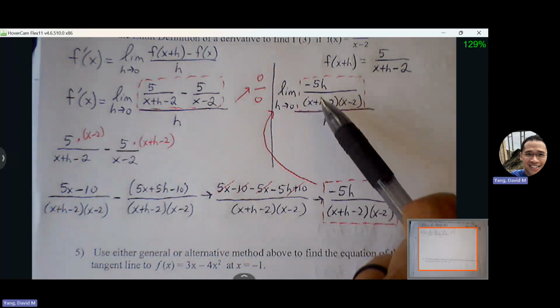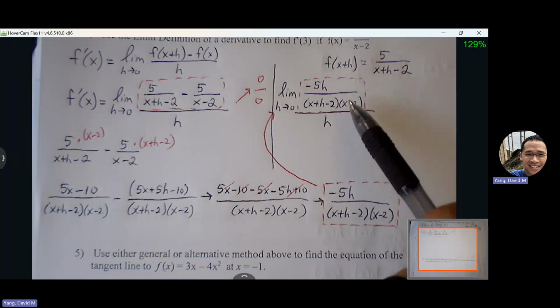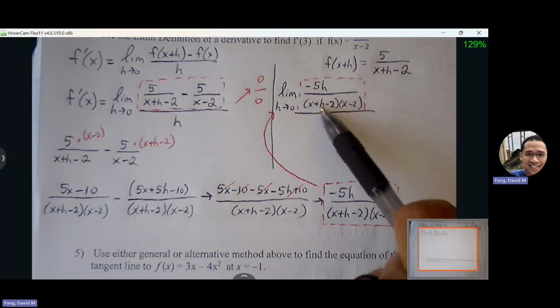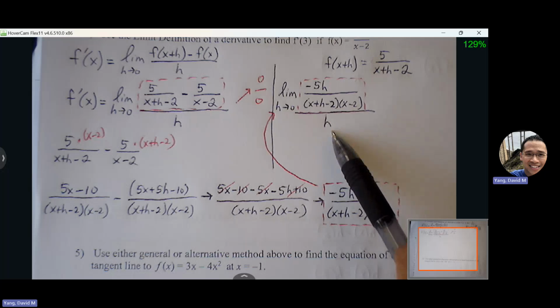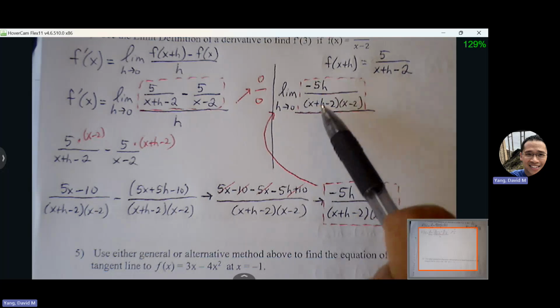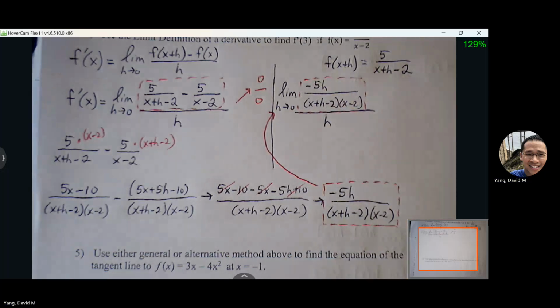After this step, now I can start to think about multiplying by the reciprocal. So this divided by h is the same thing as this whole thing multiplied by the reciprocal of h, which is 1 over h. And we should be able to get these h's to pair up nicely and cancel out.